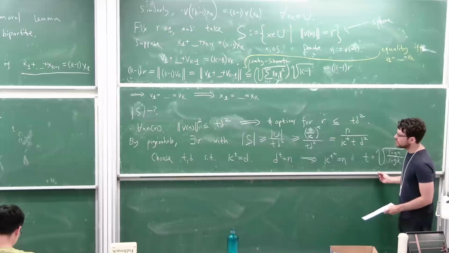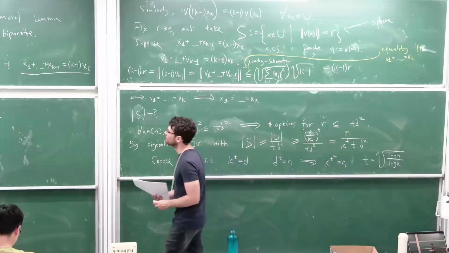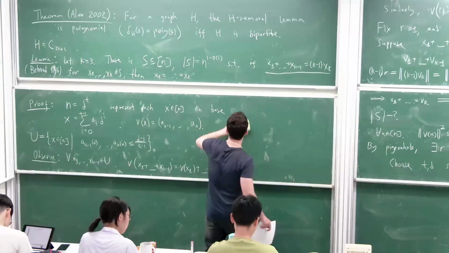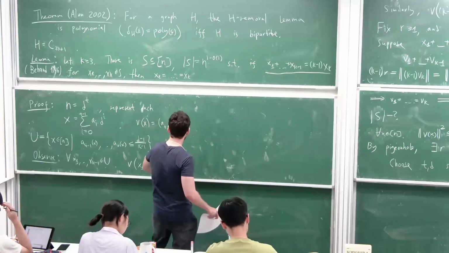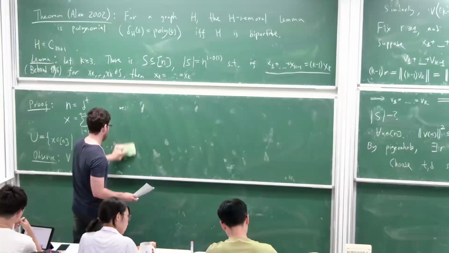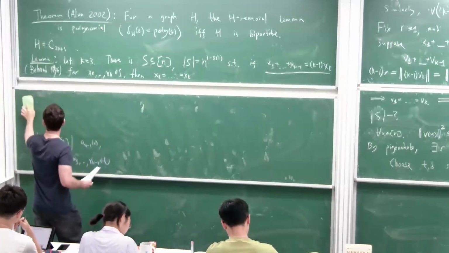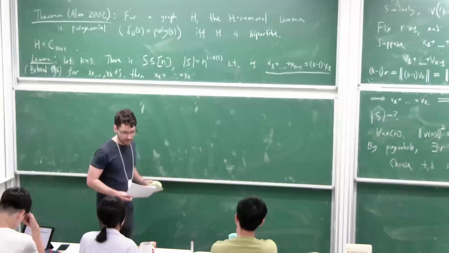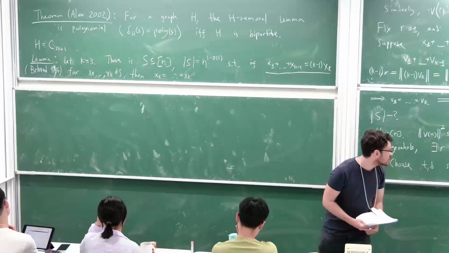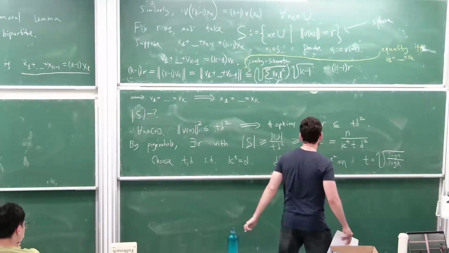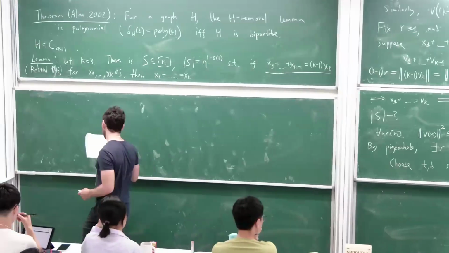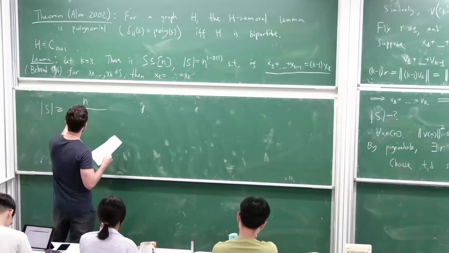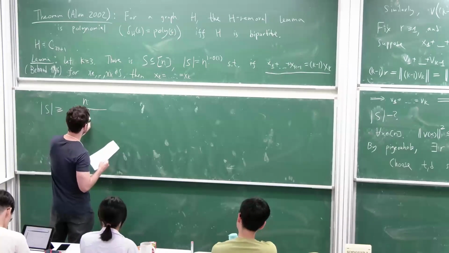And if we now plug this in here, you can check that what we get is that S is N over E to something.